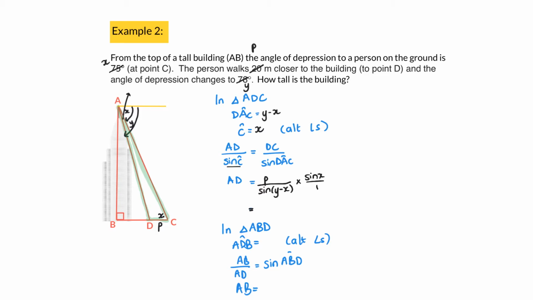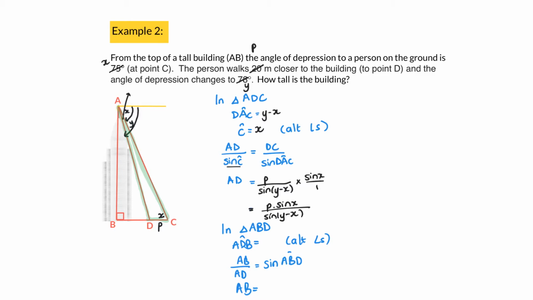So that simplifies to P sine X out of sine Y minus X. Now for now, in grade 11, we don't split up an angle, so we'll just keep the sine Y minus X as it is.